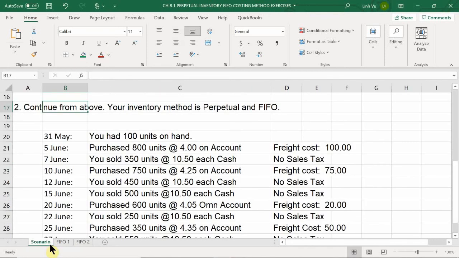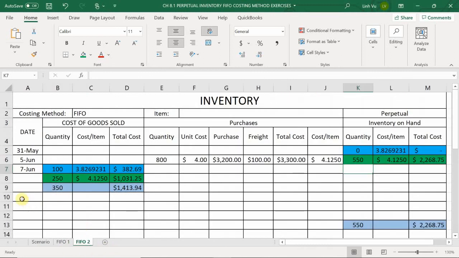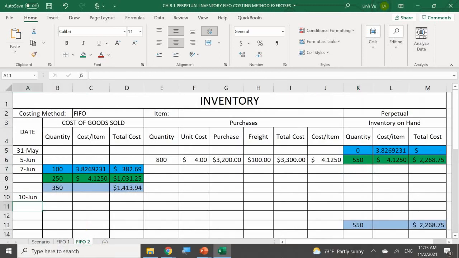So then let's see what happened next. Then on June 10, we purchased 750 units at $4.25 each with a freight of 75. So 750, 425, 75. And this is June 10. Okay.